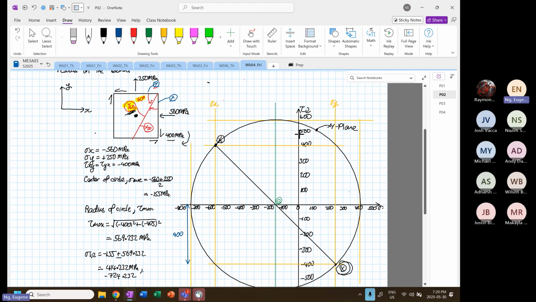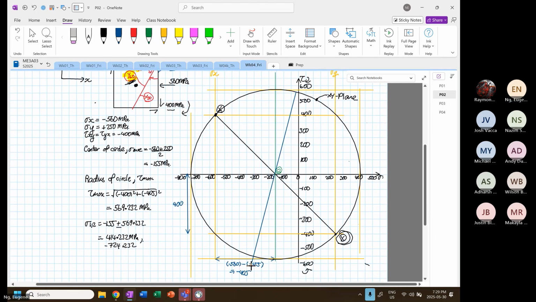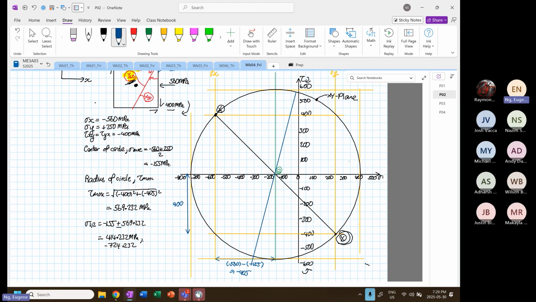Hold on, let me. Okay. So this is from point X, from point Y, and the rotation over here will rotate by 120 degrees.